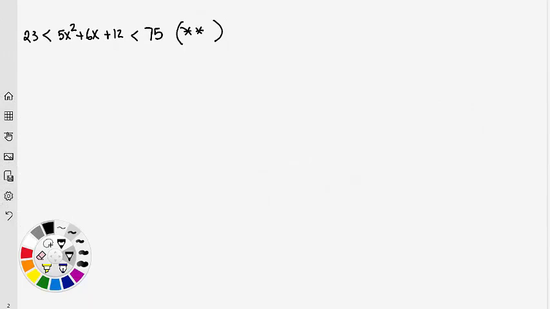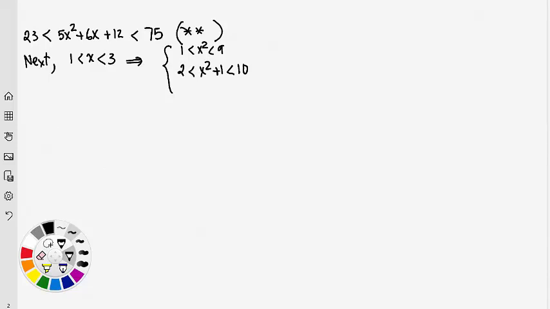Now the fact that 1 is less than x, which is less than 3, implies that 1 is less than x squared, which is less than 9, and adding 1 gives us 2 is less than x squared plus 1, which is less than 10.